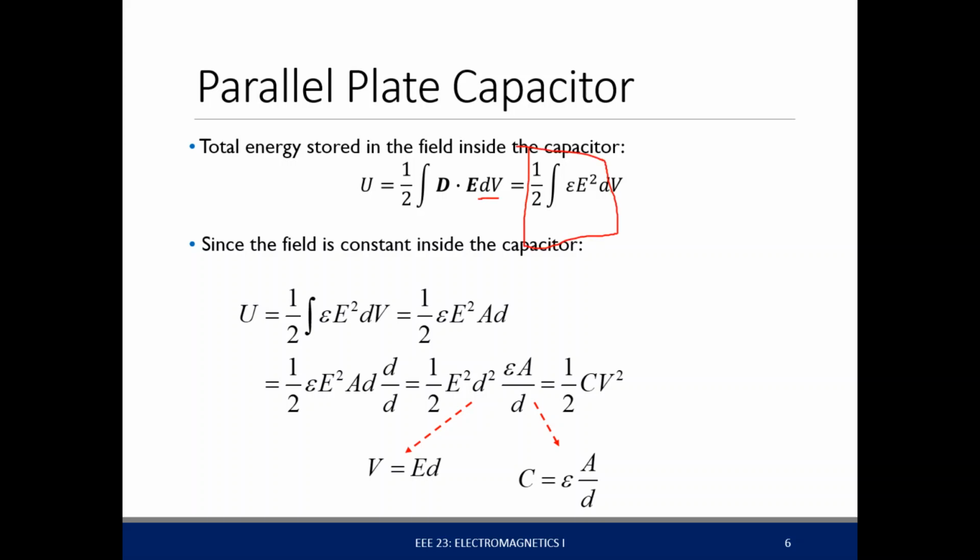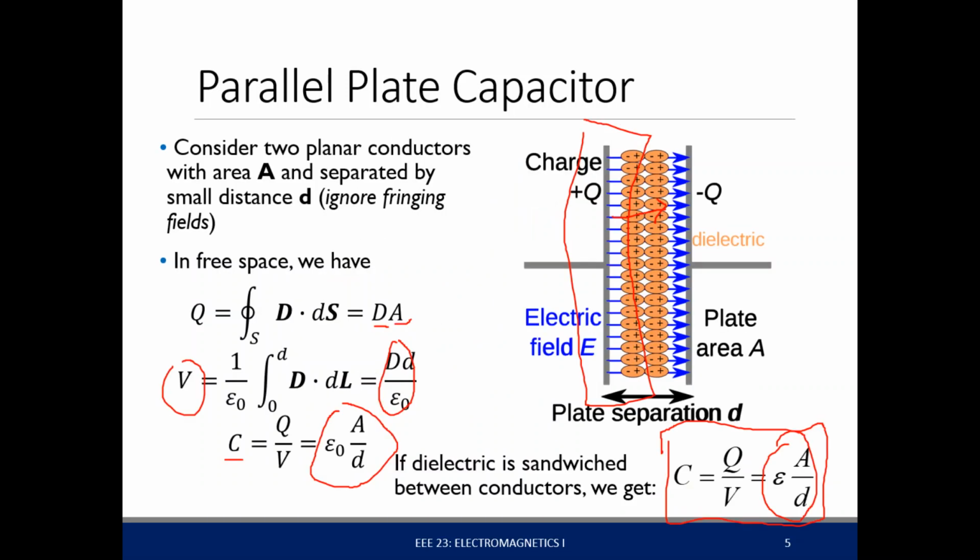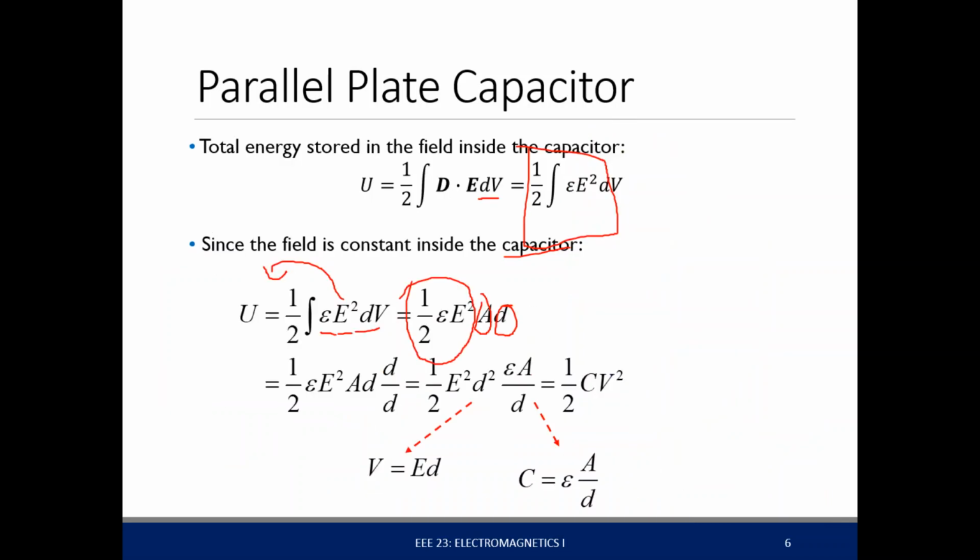Since the field is constant inside the capacitor, epsilon E squared is factored out, becoming 1/2 epsilon E squared times dV, which is your area times the separation. So it's the volume between the two conducting plates, and basically you get this expression.